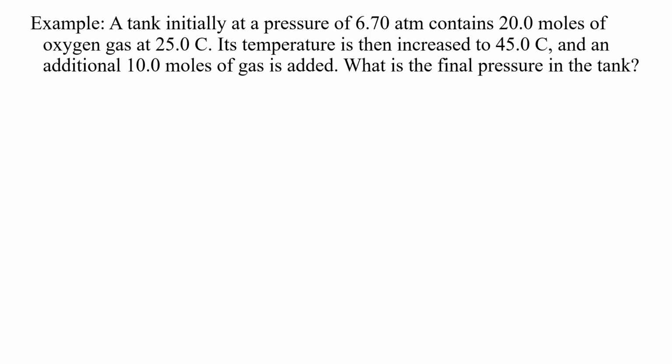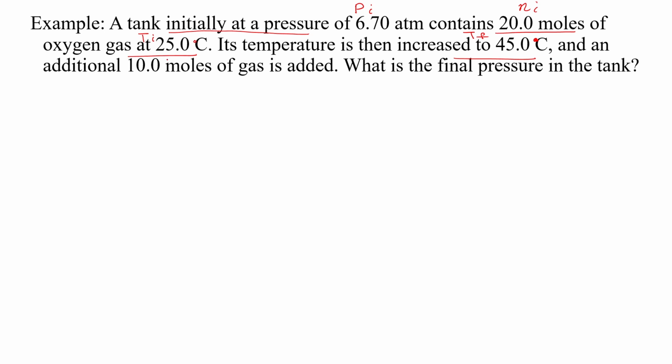Now let's solve this problem. How about you guys do it on your own and then play the video to check the answer. So initial pressure will be Pi, initial number of moles will be Ni, initial temperature will be Ti. This temperature is then increased to 45 degrees Celsius. So this is going to be Tf.